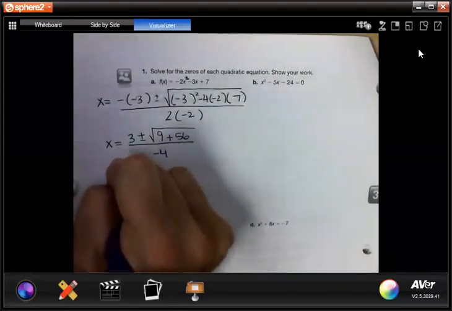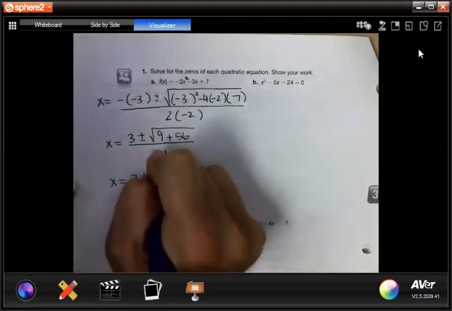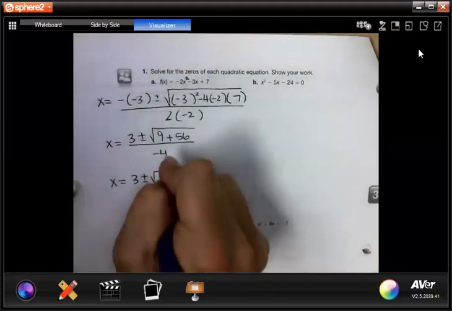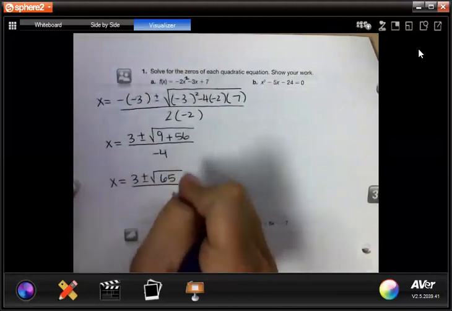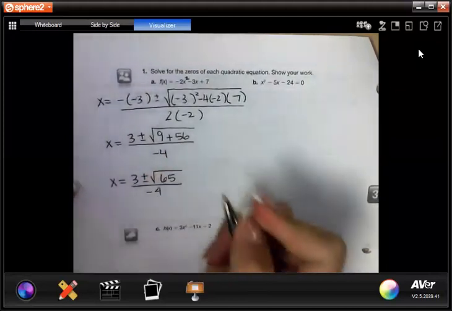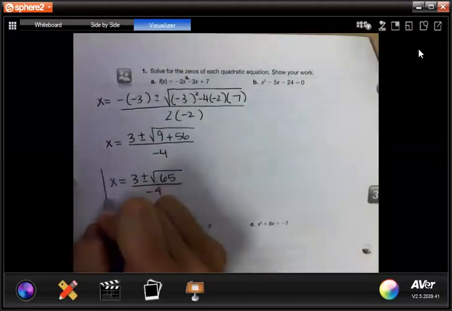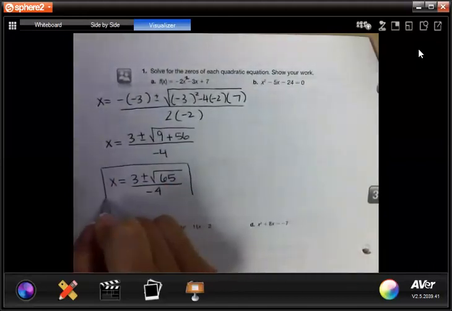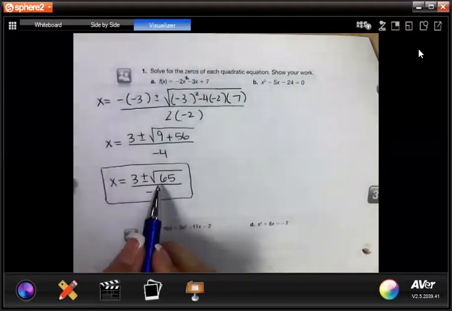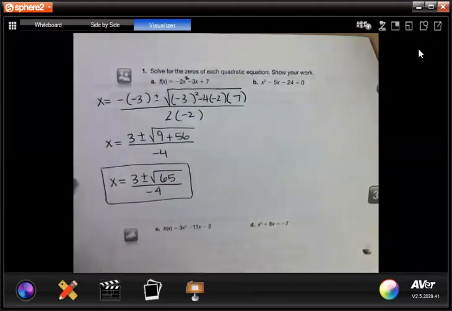Now we continue to simplify, and you really want to go step by step so that you don't make an error in calculation. So that would be the square root of 65 and then negative 4 on the bottom. That is a perfectly good answer for the quadratic formula, because the square root of 65 does not simplify any further, so we can leave it like that.